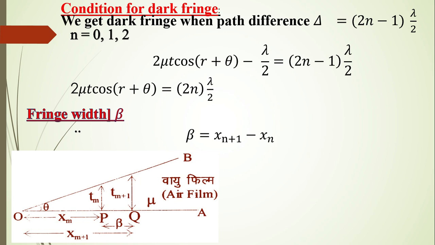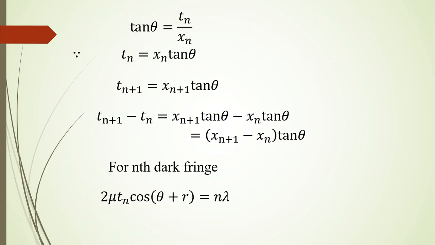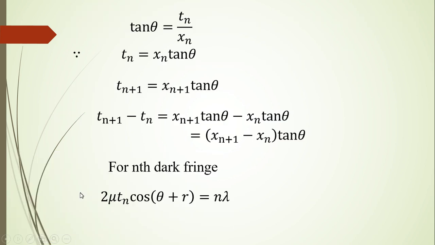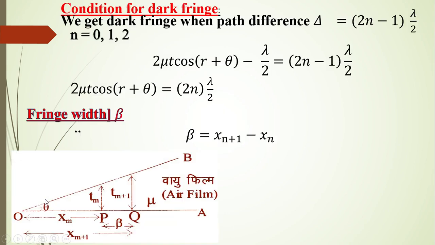So we get the two successive dark fringes at point Q and point P, at distances S(n+1) and Sn. From this triangle, we obtain tan theta.